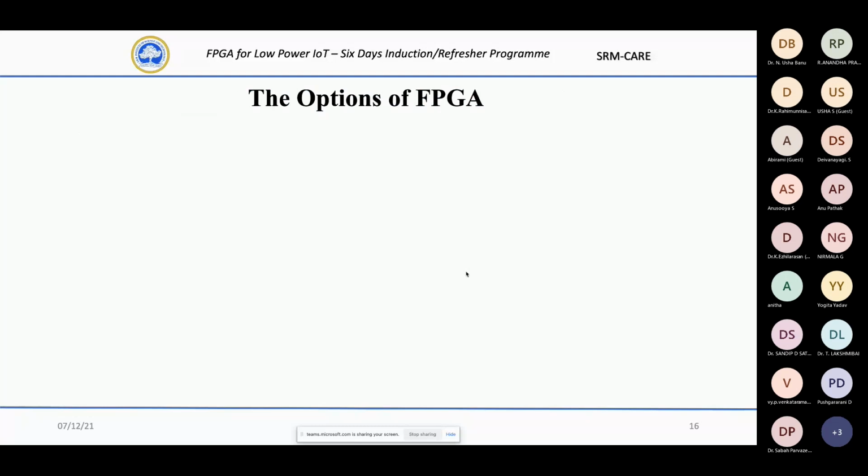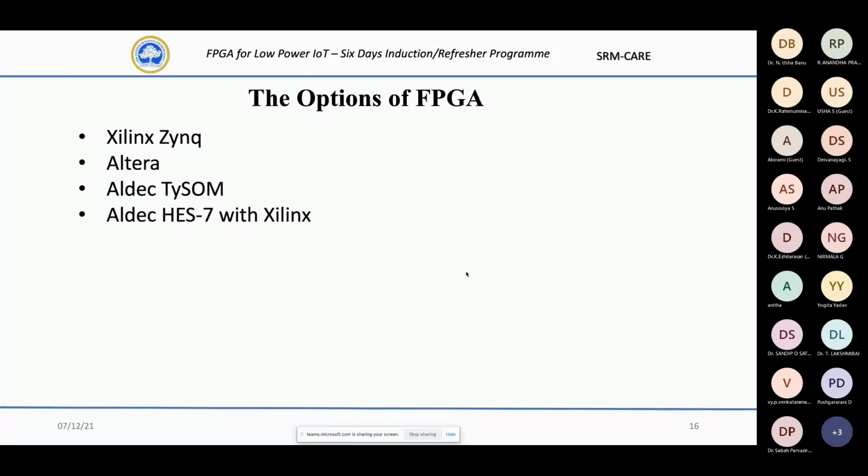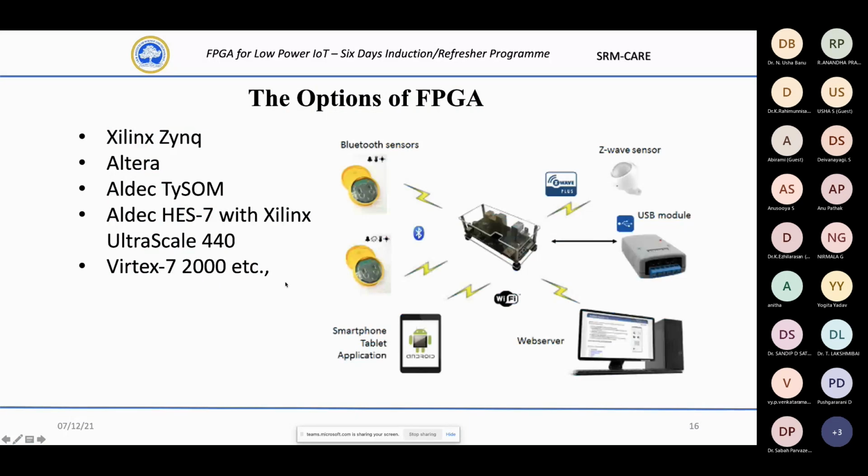There are different options for FPGA. Generally we have Xilinx Ultra, and AICTE Tizon, and AICTE with HES with Xilinx Ultra, and Virtex 7 2000. This Virtex 7 has 2300 CLBs on the Virtex 7 2000 application boards.